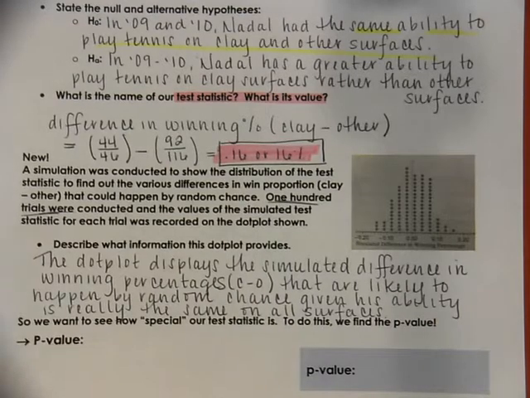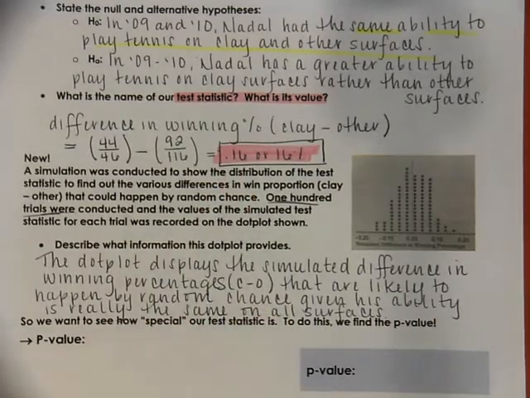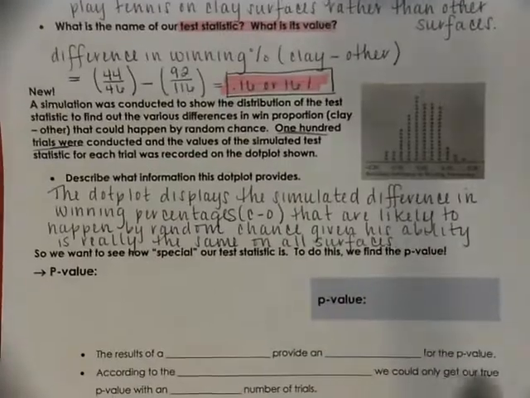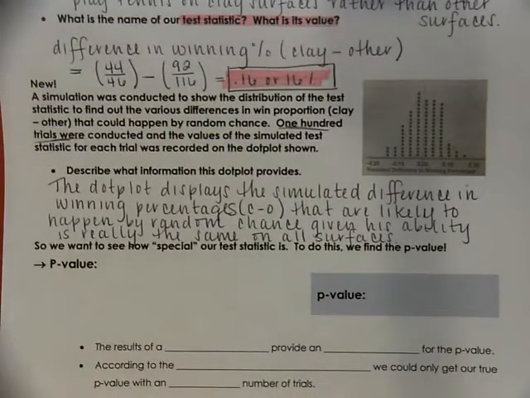So we really want to see how special this 16% here is. So to do this, we are going to calculate what's called a p-value. And P stands for probability.